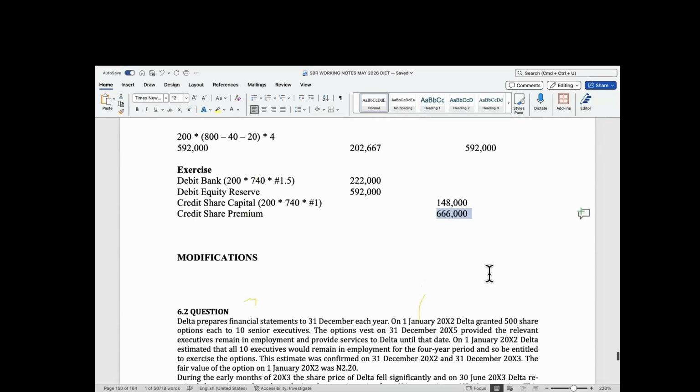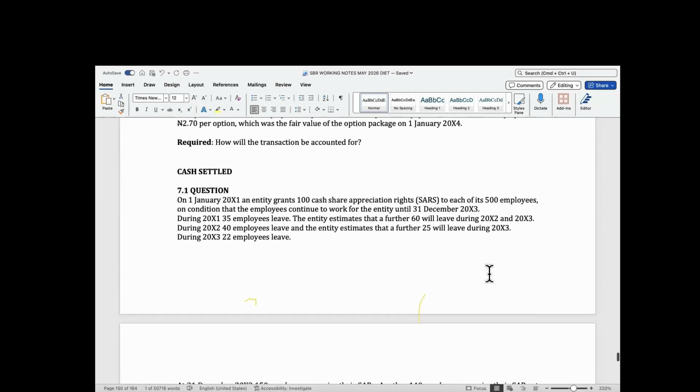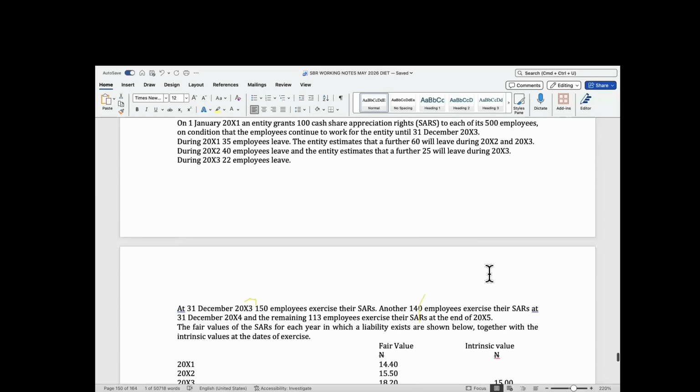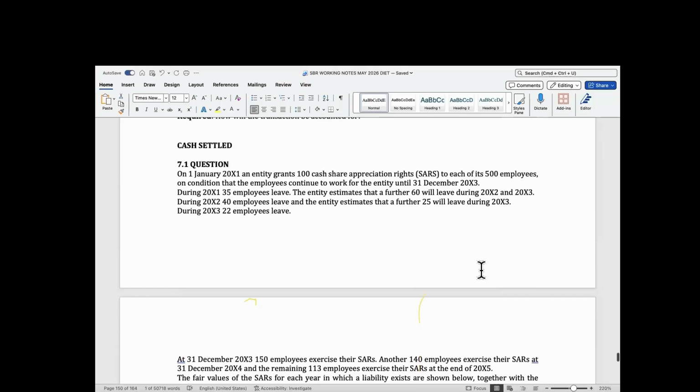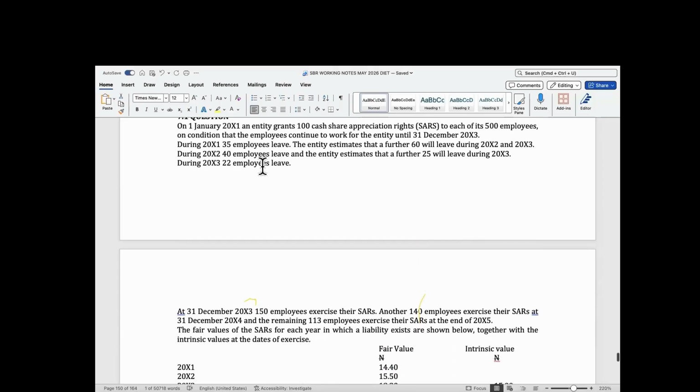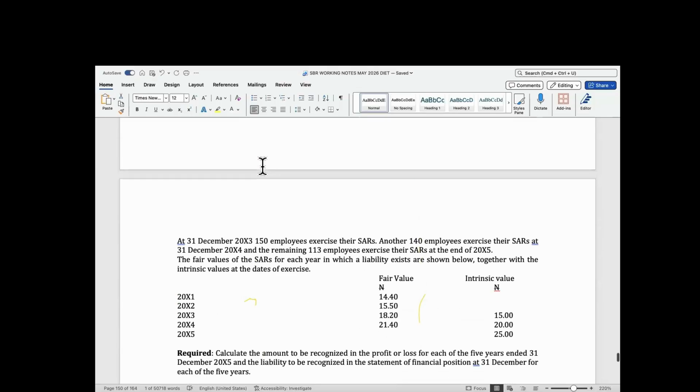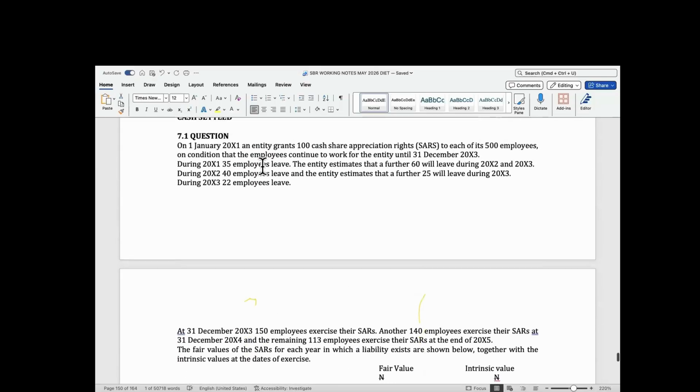If you can practice this, the one that is cash settled is not different from what we have done. It's just a few differences, which I will show you with this question. This is the first question I will solve with you next week.